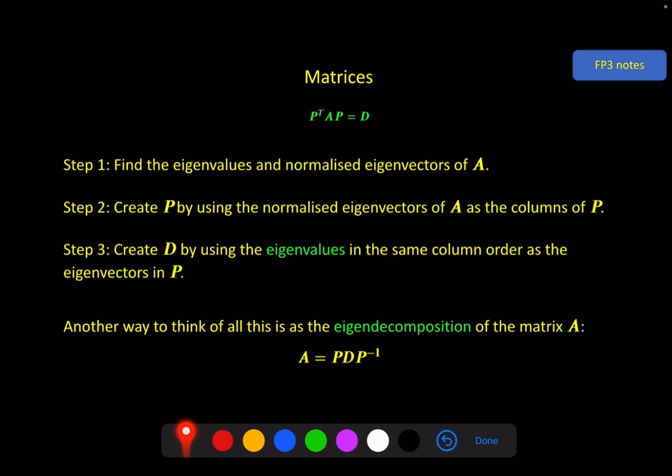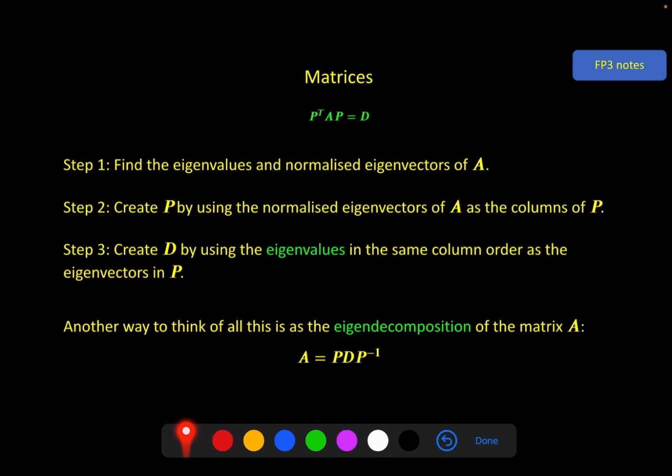And that's basically a way of breaking down what the matrix A is doing as its transformation. Don't let that worry you though, that's just a little side note. It's unlikely to come up in your exam in this form.